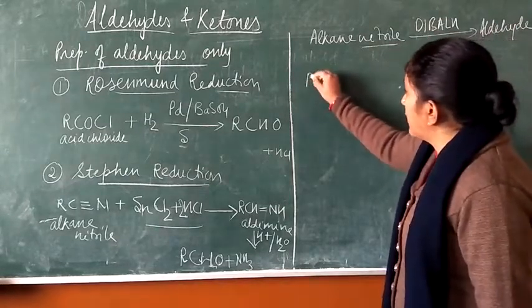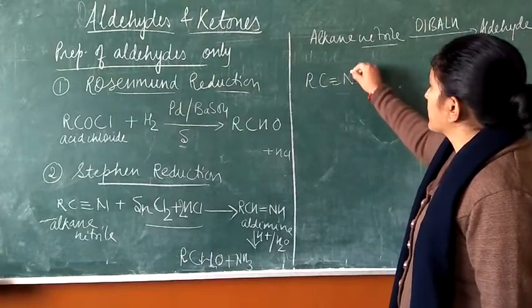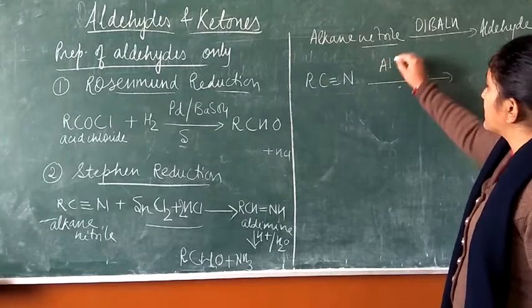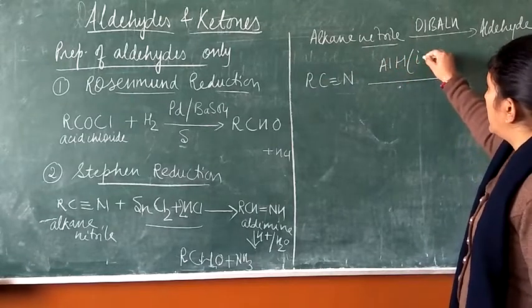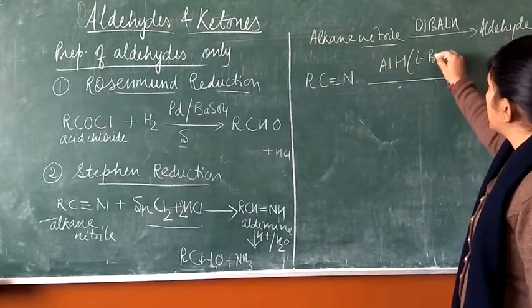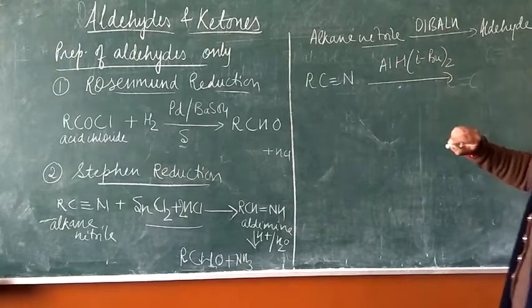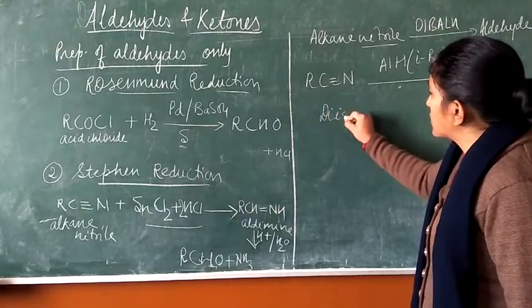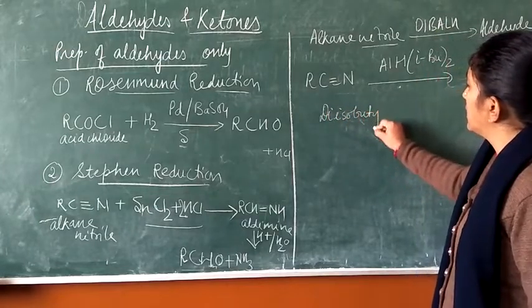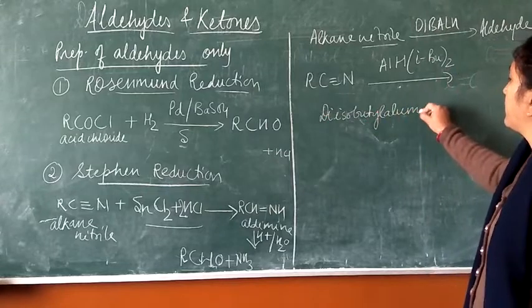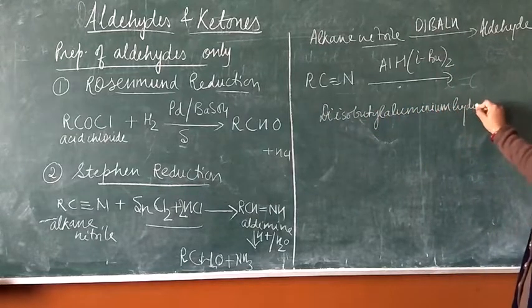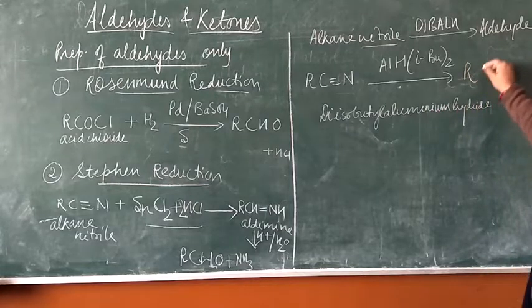For example, this is RCN. Now this is DIBAL-H. We can also write it as AlH, and this is Bu twice. The full form of it we can write as di-isobutyl aluminium hydride. The product obtained will be RCHO.